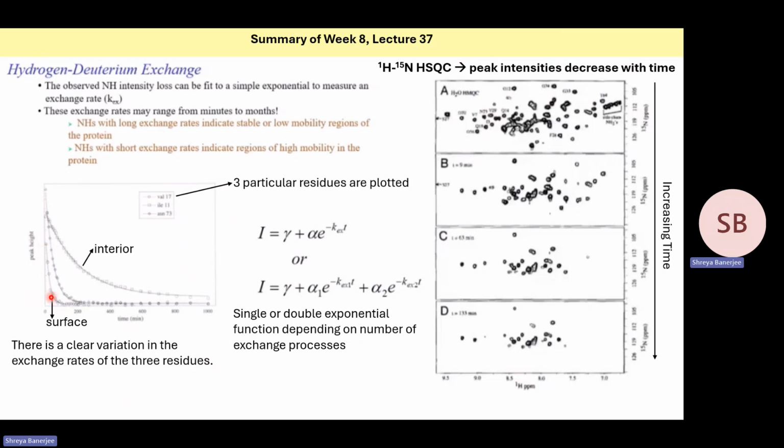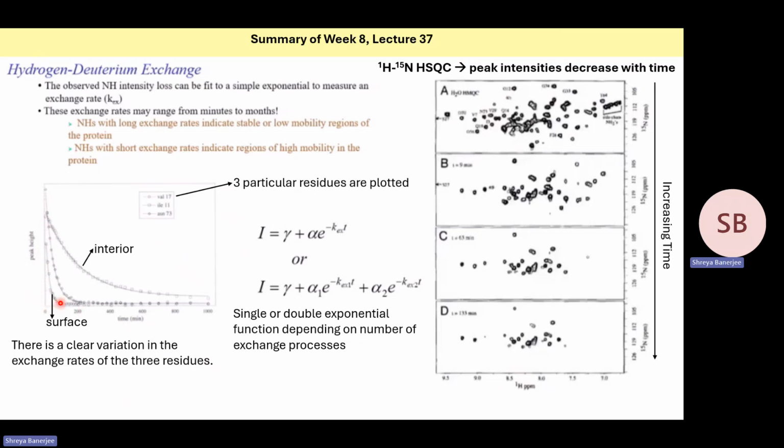That is a case where, basically, what is plotted here is three amino acids. Three amino acids have been chosen: valine, isoleucine, and asparagine. In these three amino acids, the decrease in the intensity of the peak is plotted with respect to time. Basically, as time goes, the peak that is innermost here, the intensity decreases most rapidly.